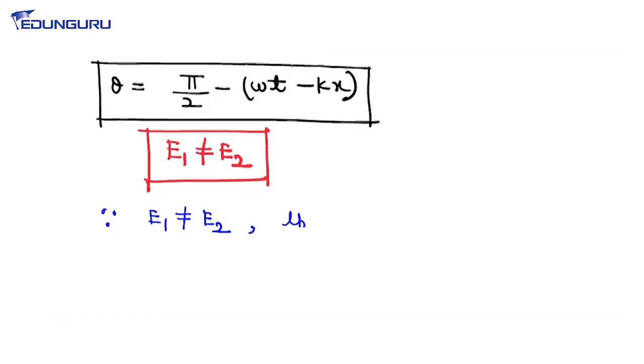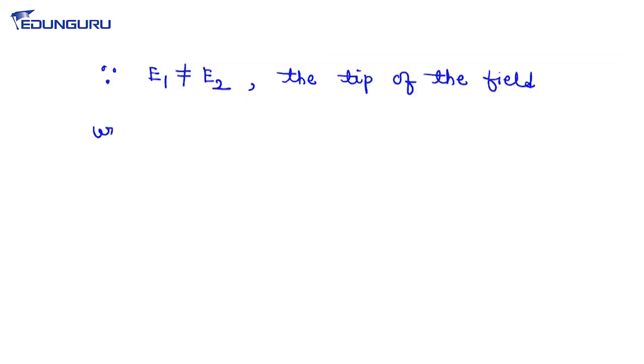Since E1 is not equal to E2, the tip of the field will move in an elliptical path.